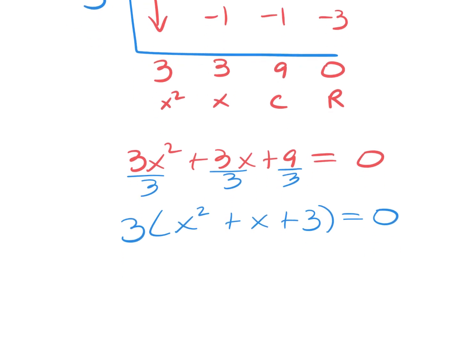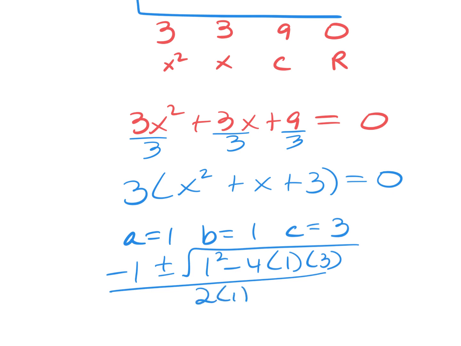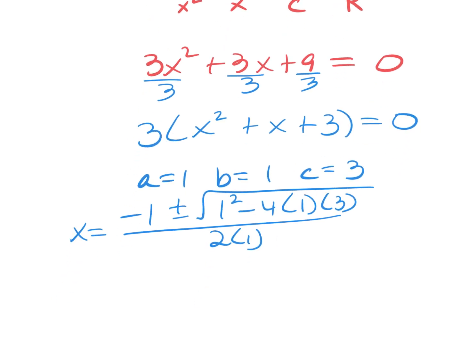And now I'm going to do quadratic formula because there are no factors of 3 that will give me 1. So my A value is 1, my B value is 1, and my C value is 3. So opposite of B, plus or minus the square root of B squared minus 4AC, all divided by 2 times A. Going to simplify what's under the radical.